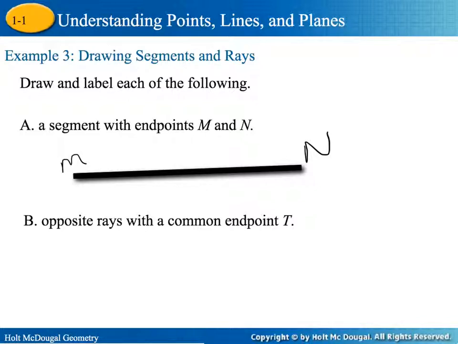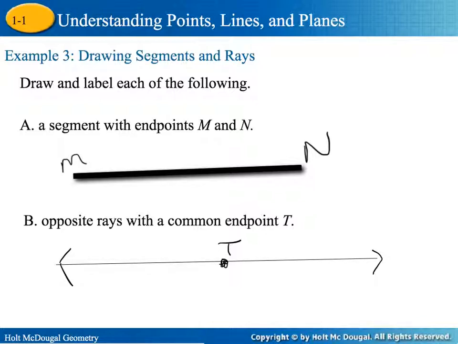So for B, I have opposite rays with a common endpoint T. So first I'm going to draw what's going to symbolize my ray. So here in the middle I've got a common endpoint T. And since it's an opposite ray, it starts at T, it's going to extend out this way, and it's going to extend out this way.